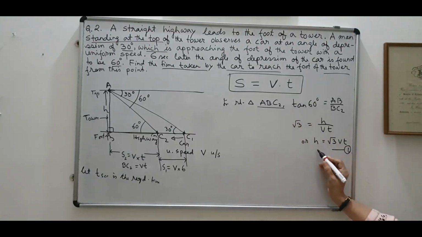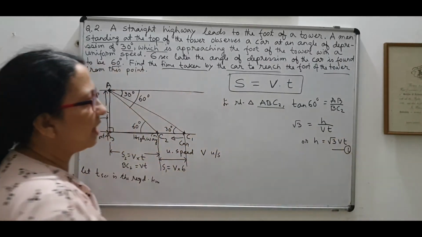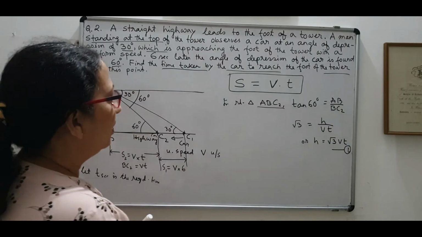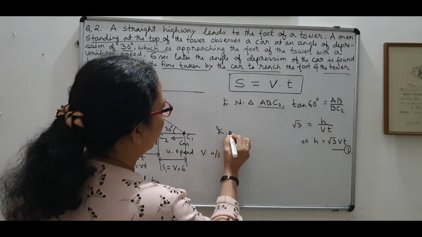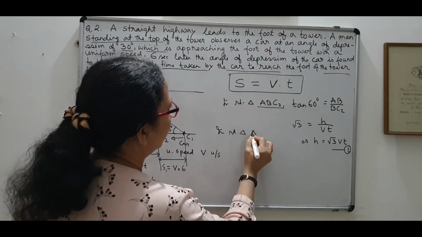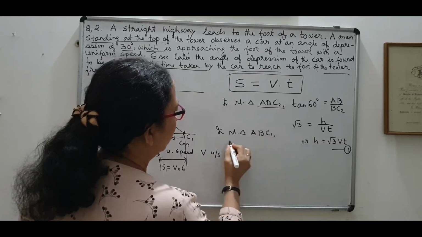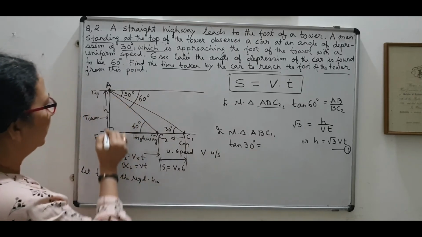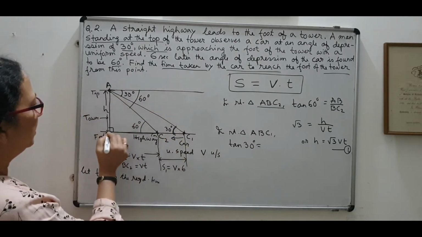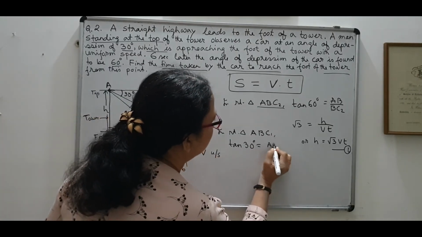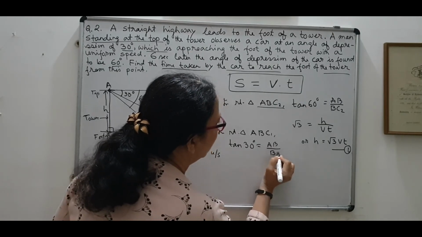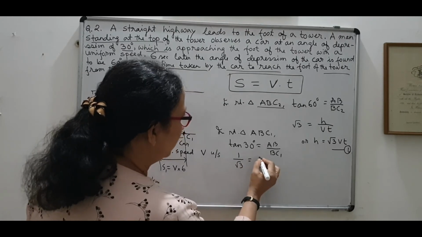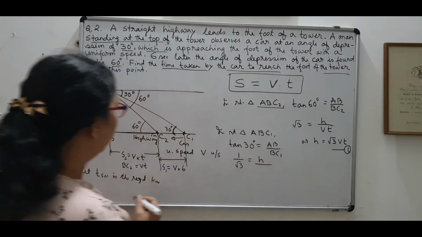So from this triangle I got equation 1. I expressed h in terms of this, because I want to eliminate h. I want to find t only. I have nothing to do with h. So now we'll apply in the other right triangle ABC1. The angle is 30 degrees, tan 30 degrees. This is the triangle ABC1. Tan 30 is equal to again AB by BC1, and tan 30 is 1 by √3. AB is your h. BC1, what is BC1?